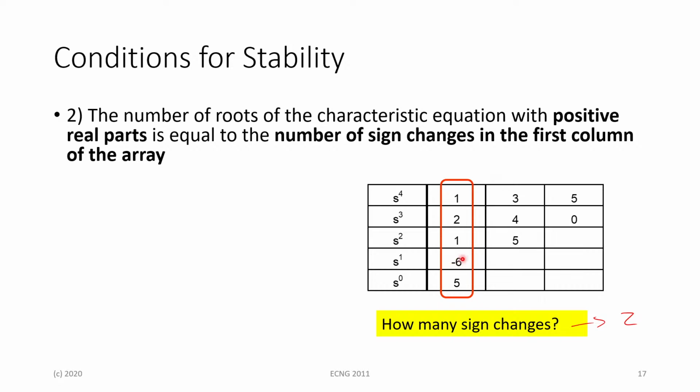And then we had another sign change where we went from -6 to positive 5. So as such, we had two sign changes accordingly. And because we had two sign changes, that's going to determine the number of roots of the characteristic equation with positive real parts.